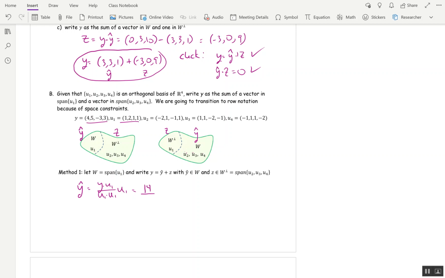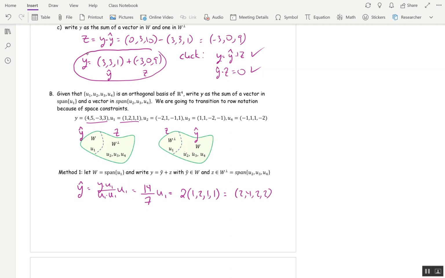And then U1 dot U1 is 4, 5, 6, 7. And that's going to be times U1, which is 2 U1, and U1 is 1, 2, 1, 1. So that's the vector 2, 4, 2, 2.